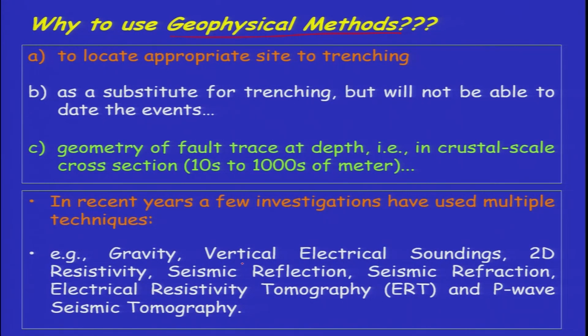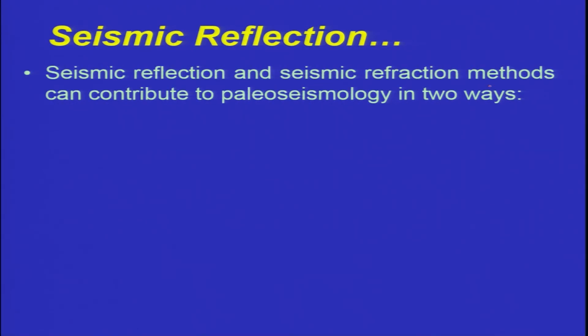So, these are a few more techniques which are used as a first step for your paleoseismic investigation. In the case of seismic reflection and refraction methods, they can contribute in two ways to paleoseismology.